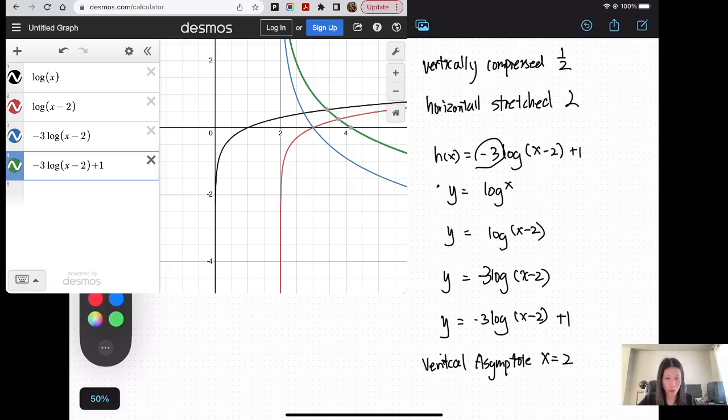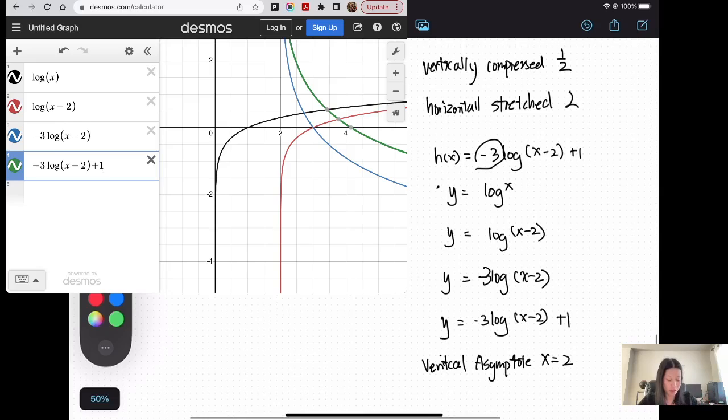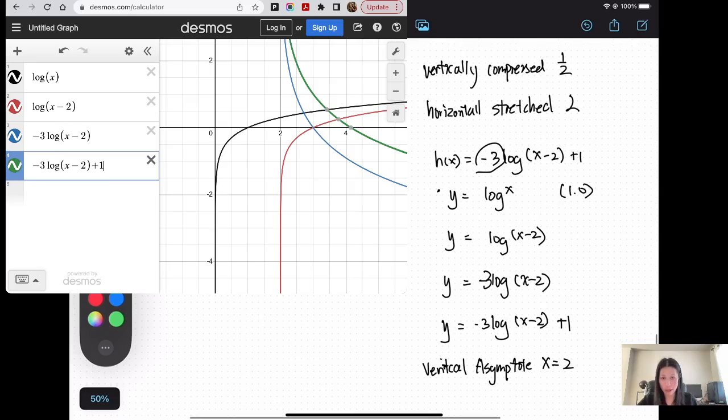So the point that you're passing is no longer 1, 0. At beginning, you're passing 1, 0, and then you shift it, so you will get what? Well, first you shift to the right 2 units, so that means your passing point is going to be 3, 0, and then you stretch negative 3 to, and then flip it upside down.